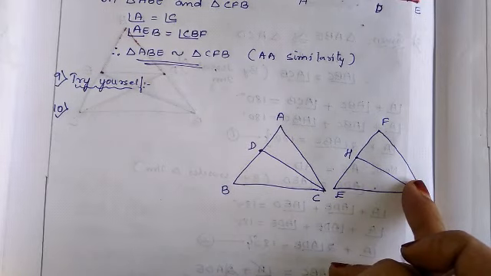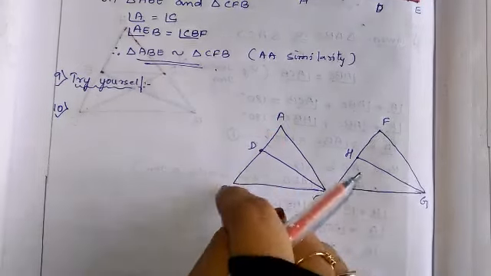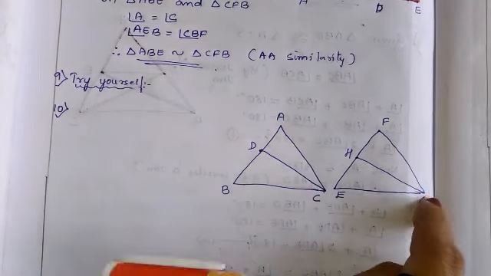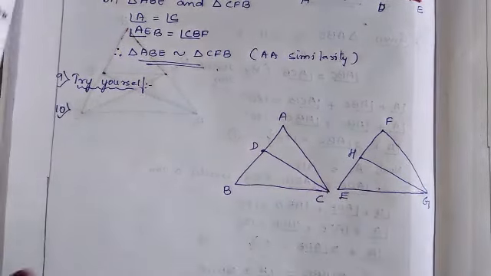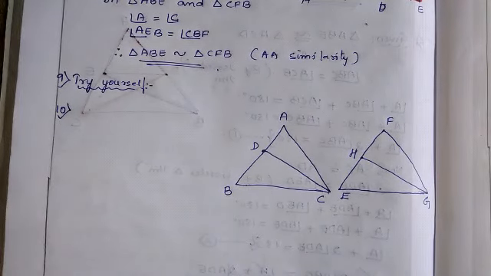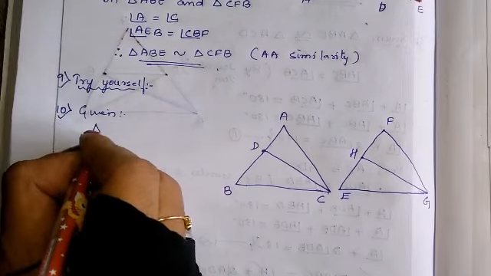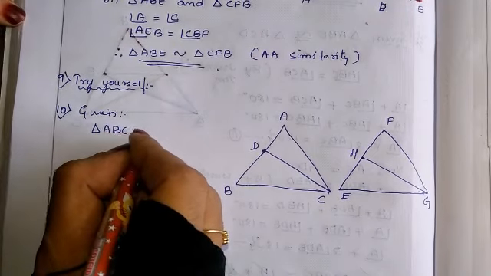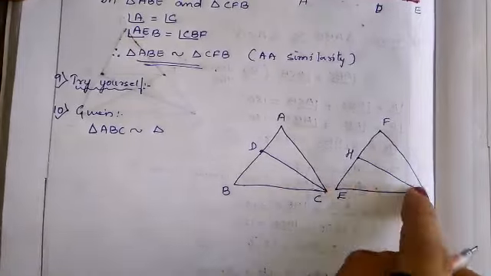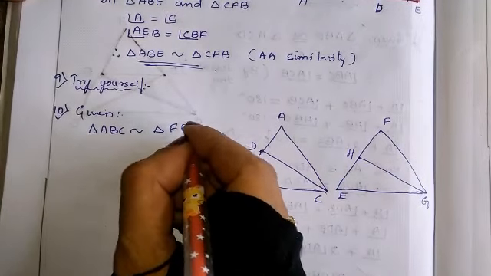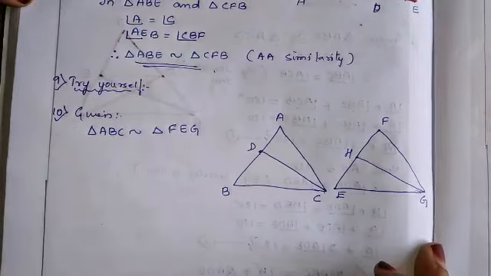If triangle ABC is similar to triangle FEG, they have told triangles are similar. We have to prove a few things. Given: triangle ABC is similar to triangle FEG.